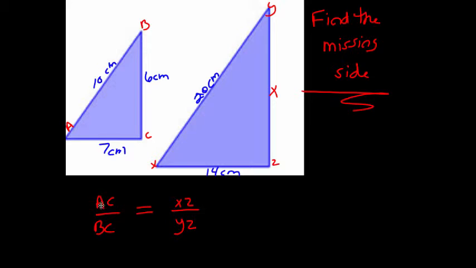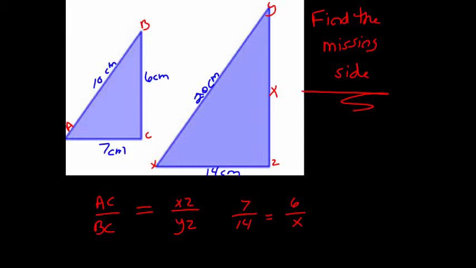So I said side AC, that's 7. And side BC is 6. And then we have side XZ, which is 14. And then we have side YZ, which is our unknown.